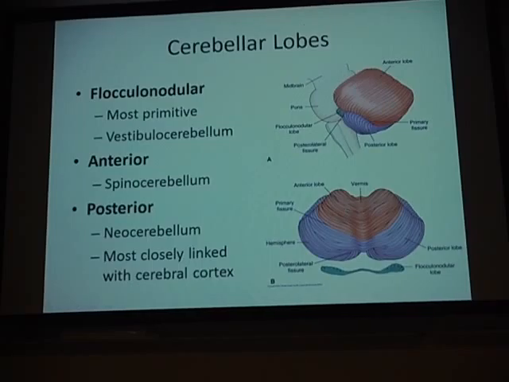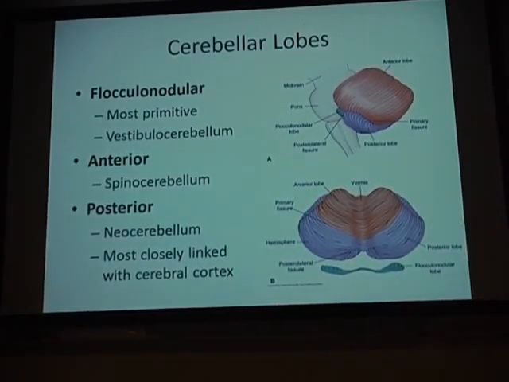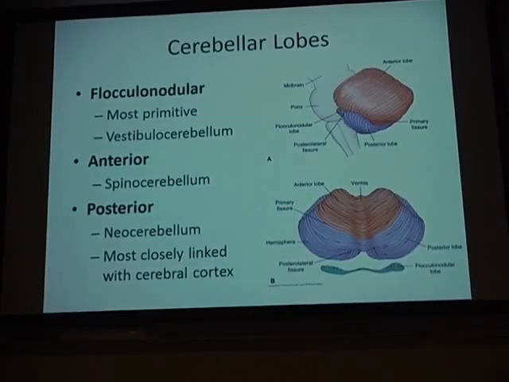It's in your book. What do these folds do? What did the folds do in the cerebral cortex? Increase surface area. So it's the same thing in the cerebellum, that the folia increase the surface area of the cerebellum, allow us to have more nuclei, more volume, more connections. Even though the cerebellum looks much smaller in relation to the cerebral cortex, its surface area is about 75% of the cerebral cortex.